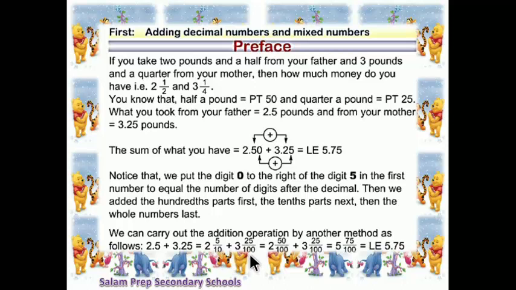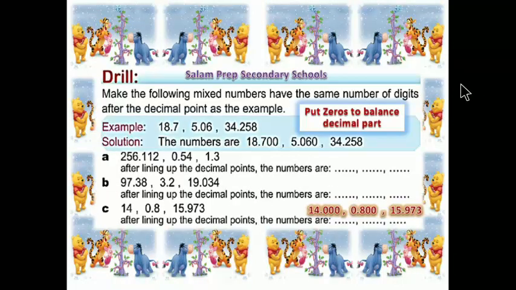So the common denominator will be 100. 2 and 5 over 10 equals 2 and 50 over 100, plus 3 and 25 over 100. 2 plus 3 equals 5. 50 plus 25 equals 75 over 100, which equals 5.75 pounds. Okay?